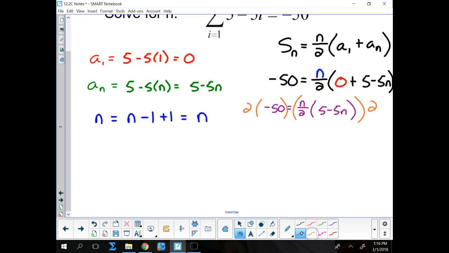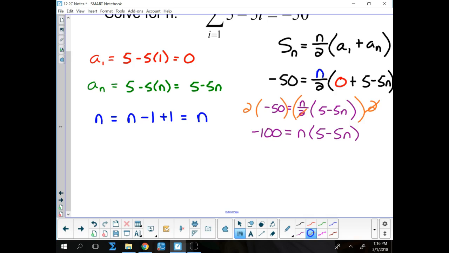That gives me negative 100 is equal to n times the quantity 5 minus 5n. How come the 5 minus 5n isn't multiplied by the 2? It still doesn't, if it just cancels something out, it doesn't multiply by anything else? Mhm. Okay. Because it's all multiplication.